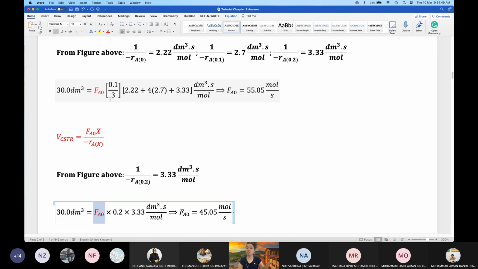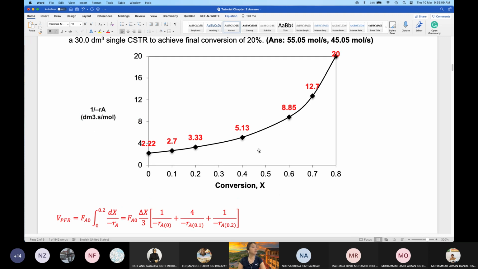So again, FA0 is what we want to find. So means the rest tu kita kena tahu dah nilai dia. So next X, the desired conversion was 0.2 kan. The final conversion dia nak adalah 20%, 0.2. So X 0.2. Then the minus RA adalah apabila X saya 0.2. So when my X is 0.2, if you see from the curve, 1 per minus RA is 3.33.